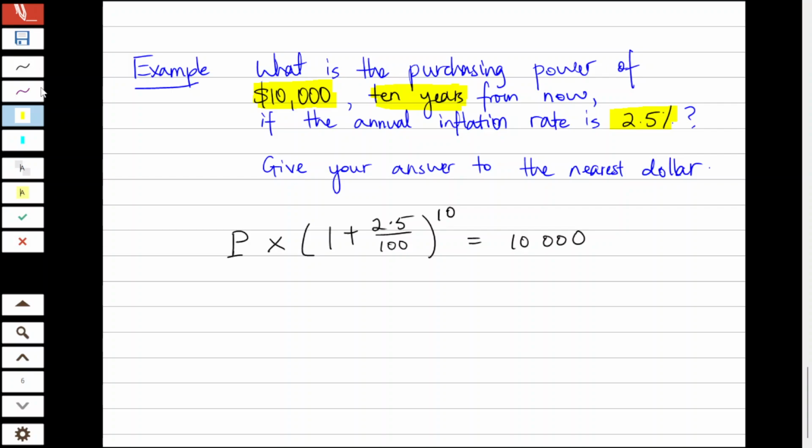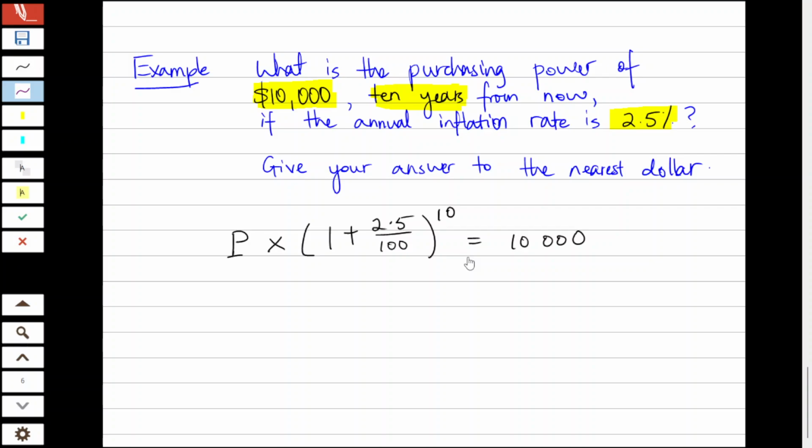Now, here, there is no way to use algebra with the tools in general maths. If any of you are taking maths methods, you can solve this equation using a technique called a logarithm, but we don't study that in general maths. So for this question, we will have to use the CAS calculator. If you have it with you, grab it out and use the solve function. You can call this unknown number x, and what you'll want to do is say x times bracket to the power of 10 equals 10,000, and then navigate the menu and solve for x.